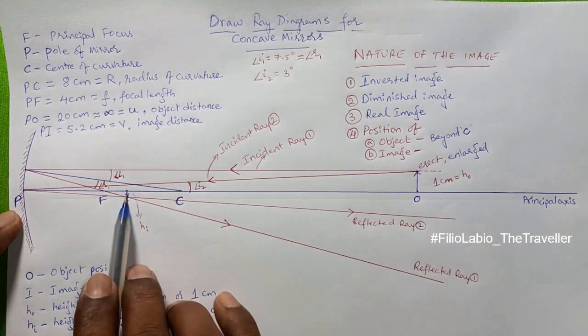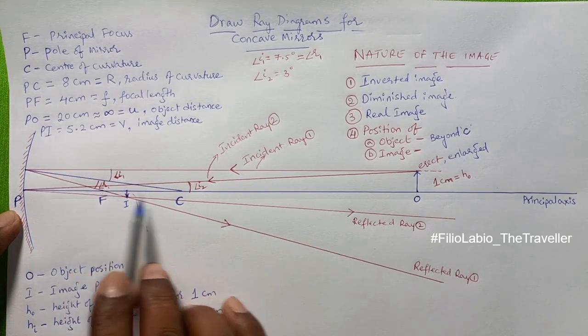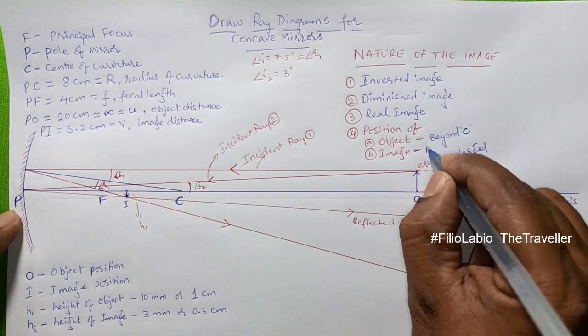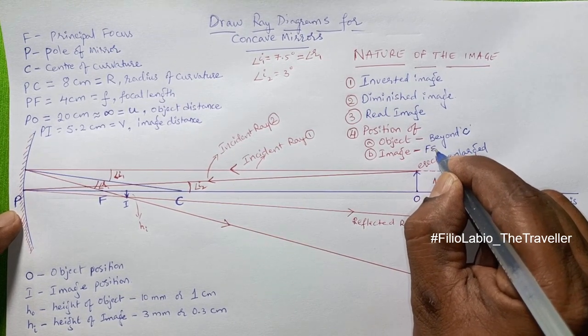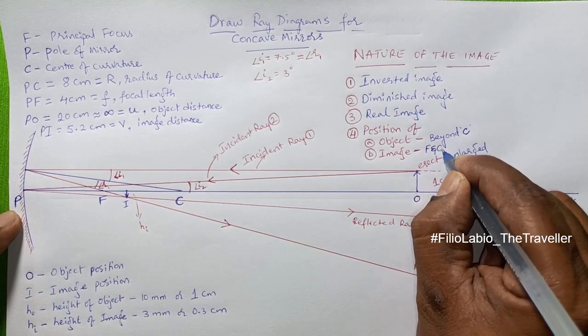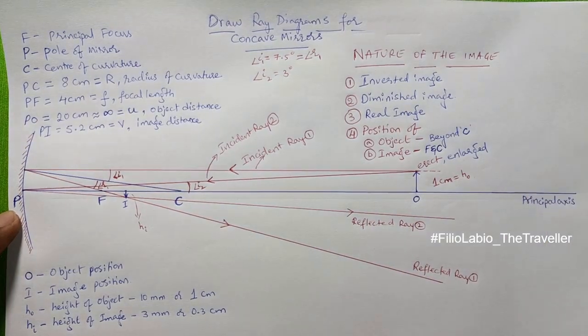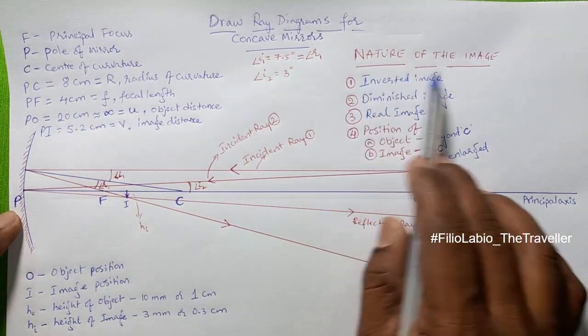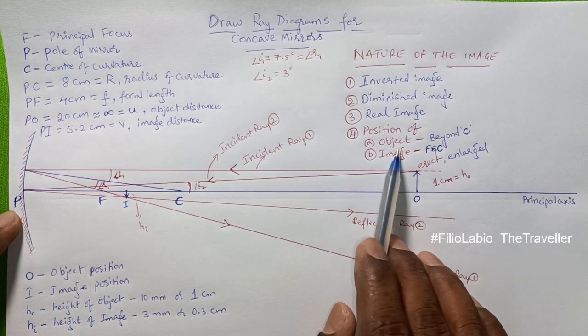Then what about the image? The image is between F and C. So this is about the nature of the image and the position of the object and the image.